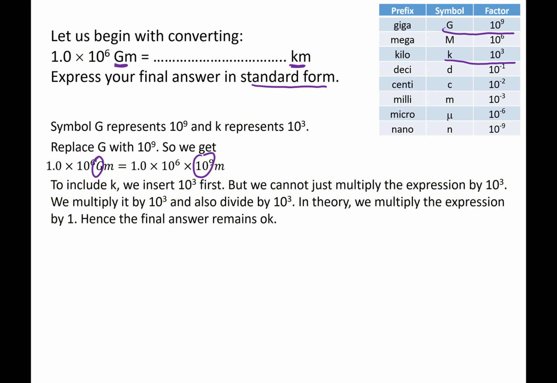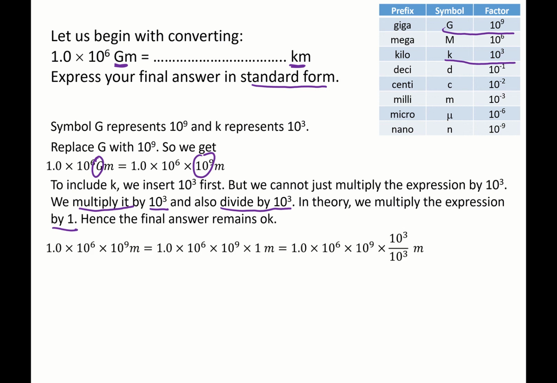We know K, kilo, is the same as 10 to the power of 3. But we cannot just put expression 10 to the power of 3. We're going to alter the magnitude of the whole expression. So we multiply the expression by 10 to the power of 3 and divide by 10 to the power of 3. So in theory, we are actually multiplying by 1. And this is how we do it. We multiply by 1 and then 10 to the power of 3 divided by 10 to the power of 3. Because 10 to the power of 3 divided by 10 to the power of 3 is actually equals to 1.